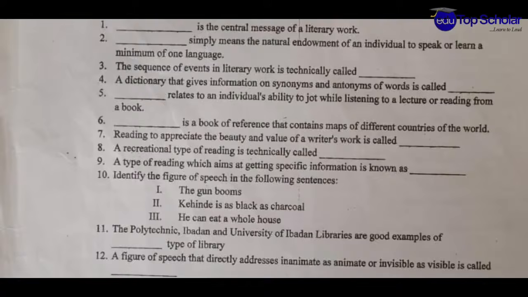Then number 8, a recreational type of reading is technically called, that is reading you do for recreation, for entertainment and so on. A recreational type of reading is technically called extensive reading. Extensive reading. All right.